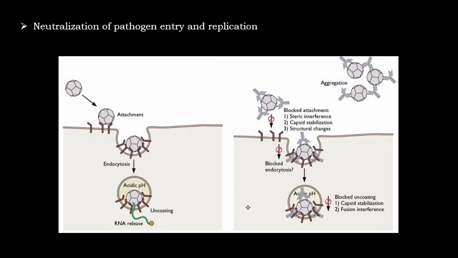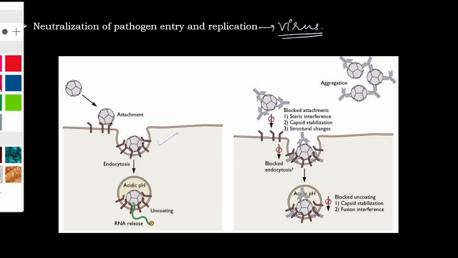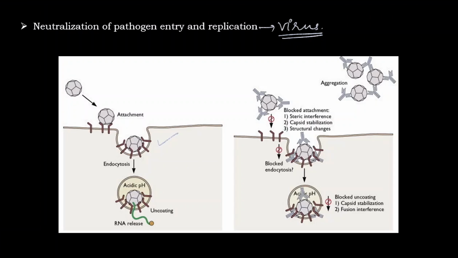Next is neutralization of pathogen entry and replication. Some bacteria or viruses, mostly viruses, enter the cell by binding to cell surface proteins and stimulating endocytosis. Now let me change the color. Here we can see the virus when the antibodies are absent. What is happening in the natural condition?